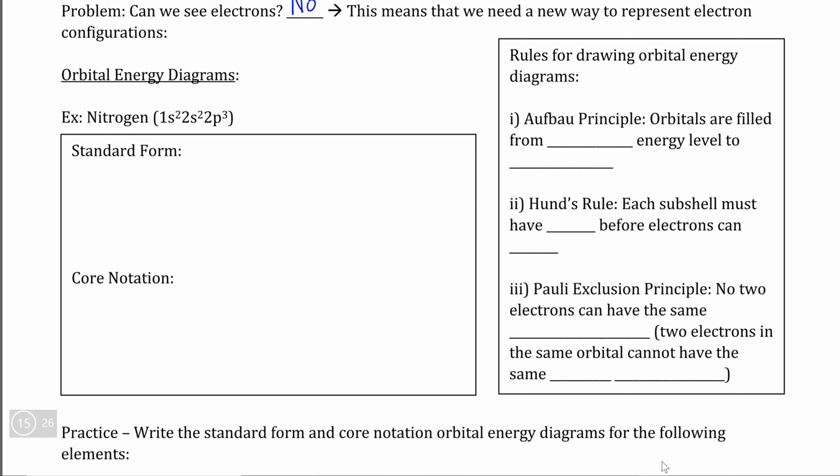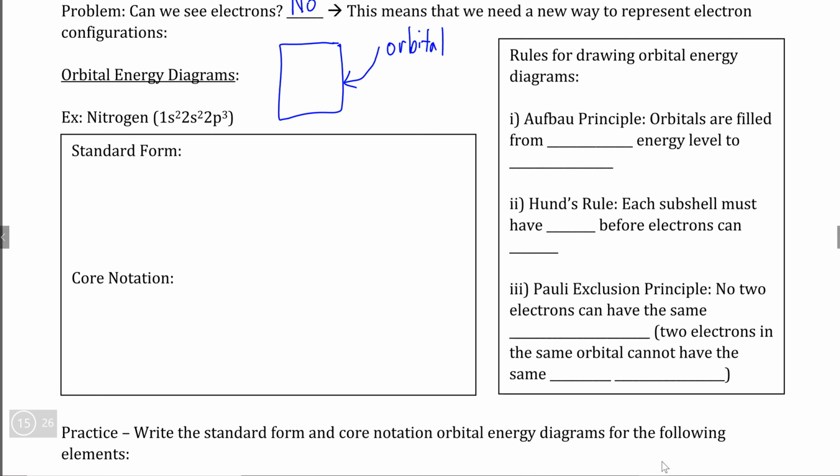We can use this information in the final way to represent electron configurations, which are what we call orbital energy diagrams. On paper, orbital energy diagrams just look like a bunch of boxes with arrows, but each box represents an orbital. Knowing that, they actually make a lot of sense.